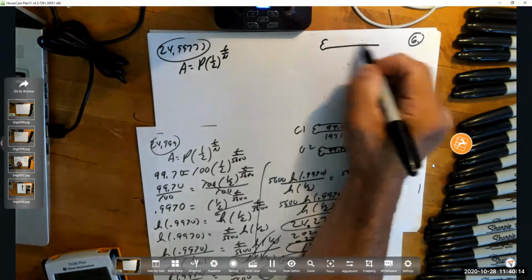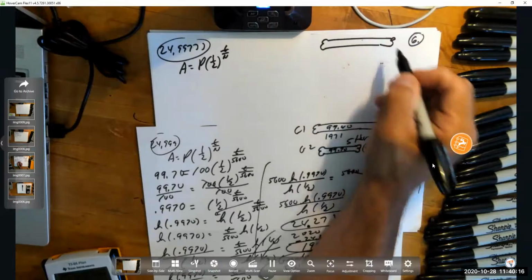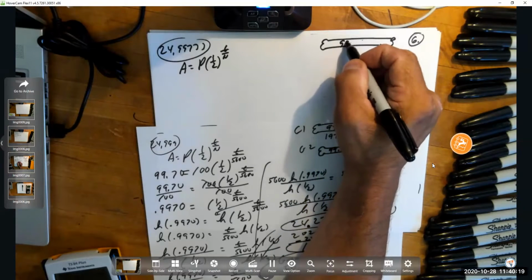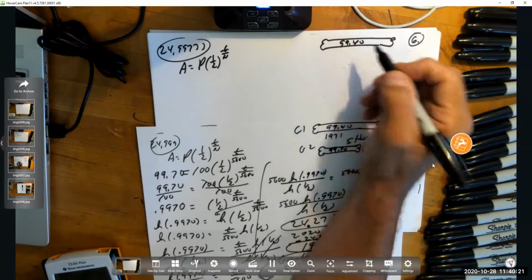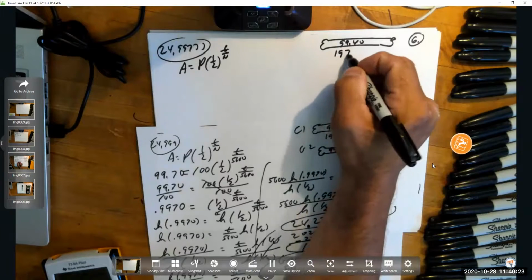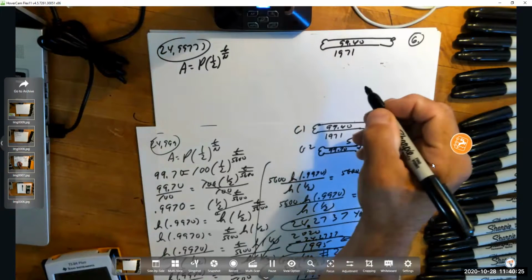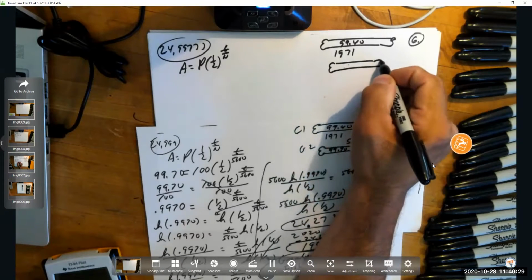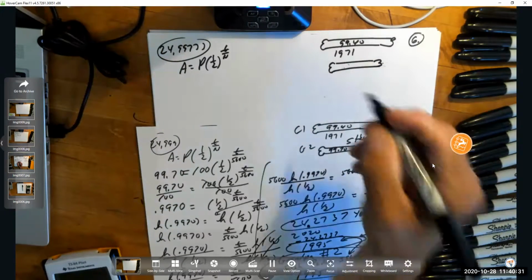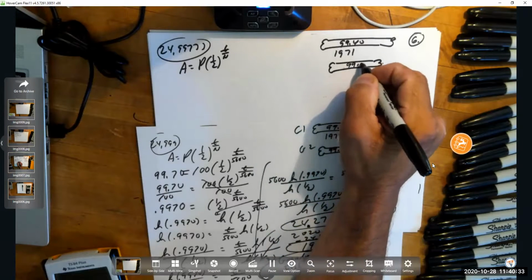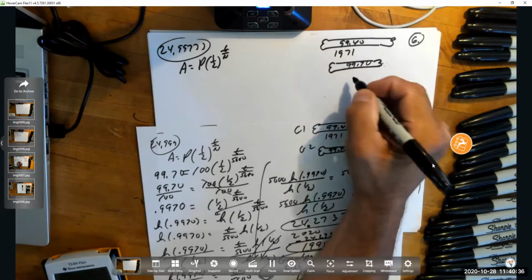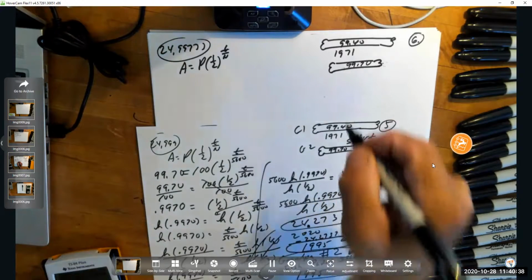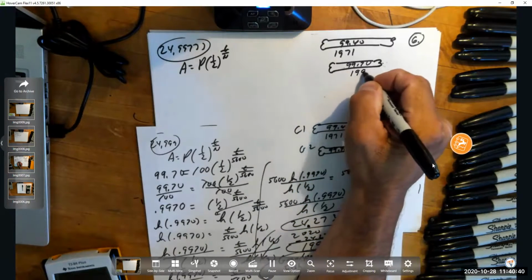The first one was 99.40, and that person died in 1971. And then this other one is 99.70, and this one died in, when was this, 1995? All right.